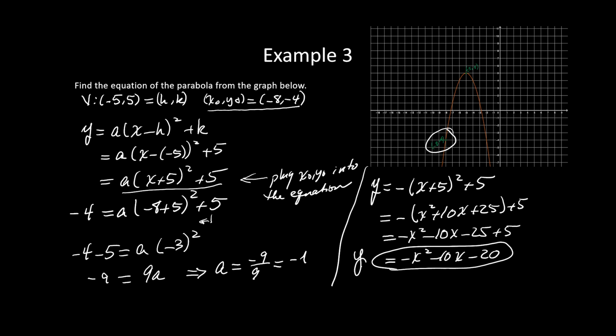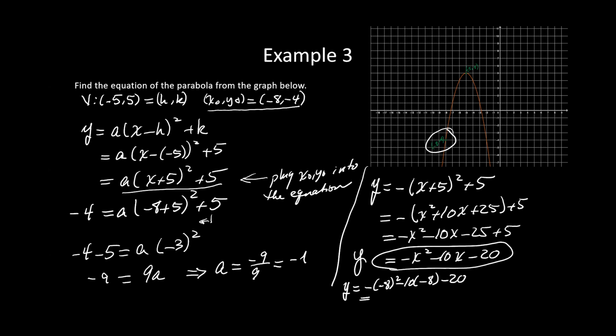And again, we can check real quick, just so we didn't make a mistake in the math. If I plug in negative 8 for x, I should get negative 4 for y. Okay? So it'll be negative 8 squared minus 10 times negative 8 minus 20.